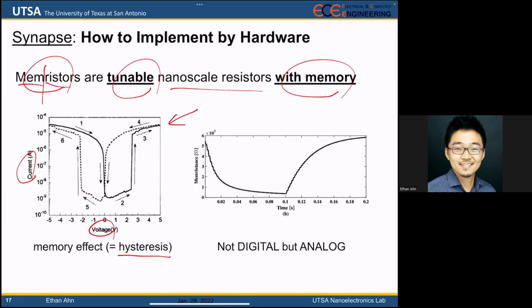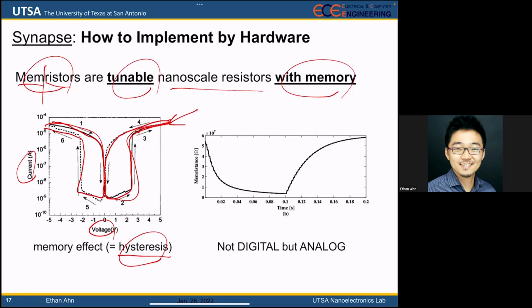When you sweep your voltage in this direction, 1, 2, 3, and then sweep back, 4, 5, 6, you see a different curve. Going from one direction to another and sweeping back to the original point, you don't get the same curve. You always get these different traces, and that is what we call hysteresis, and that's exactly what we mean by memory effect.